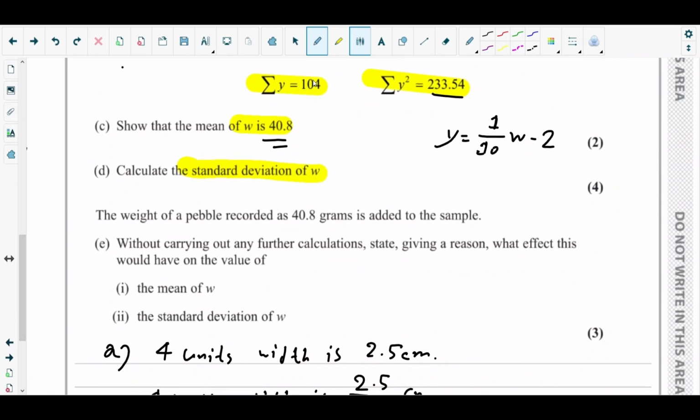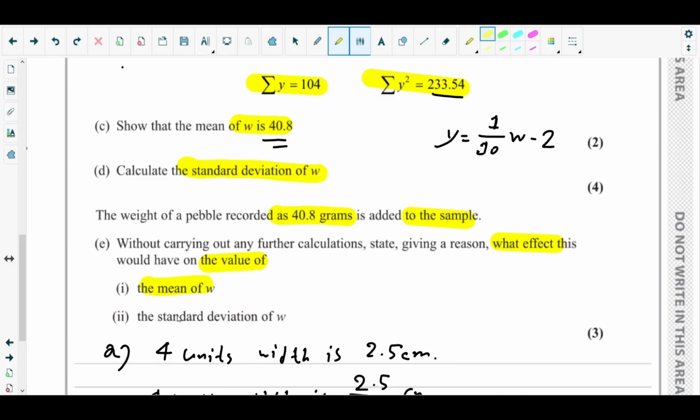Next, the weight of a pebble recorded as 40.8 grams is added to the sample without carrying out any further calculations. Giving a reason, what effect would this have on the value of the mean in part 1?